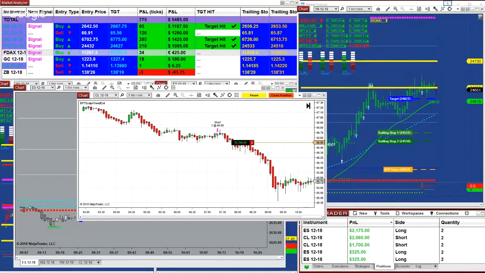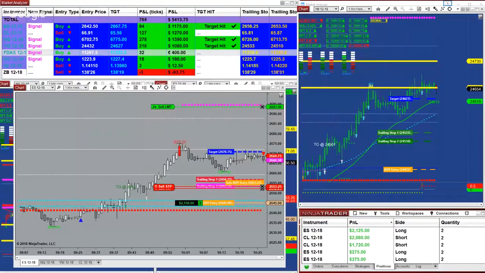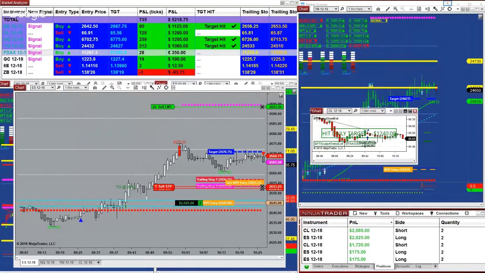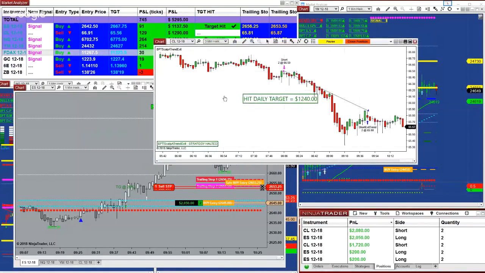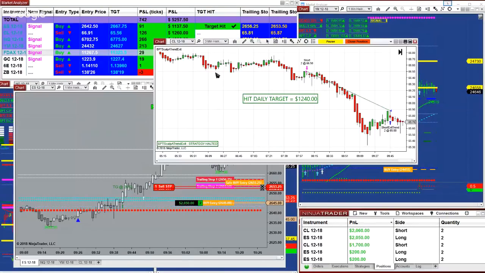The 3 minutes already hit the target. Most of them hit the target for today. I will share that with you. The 3 minutes filtered. This one is unfiltered. Also took the same at 7:57.